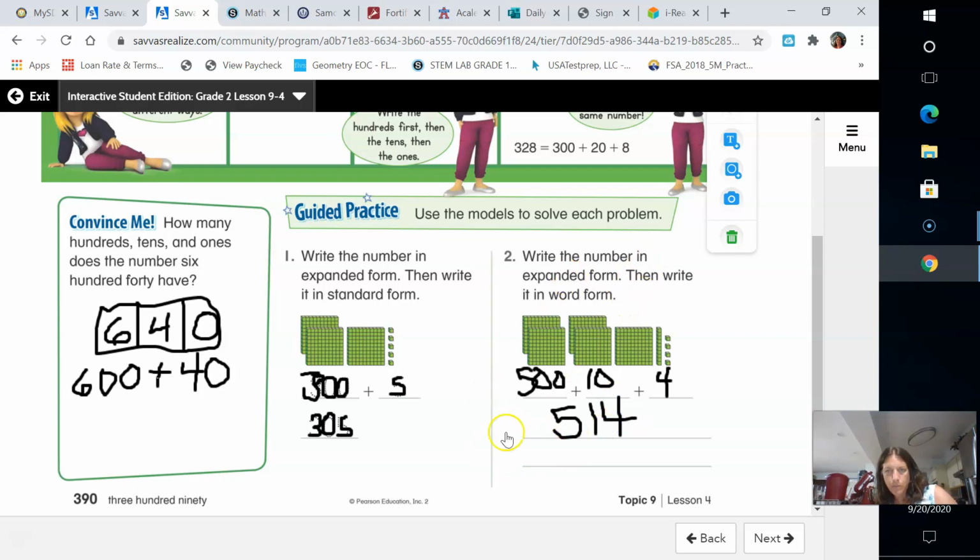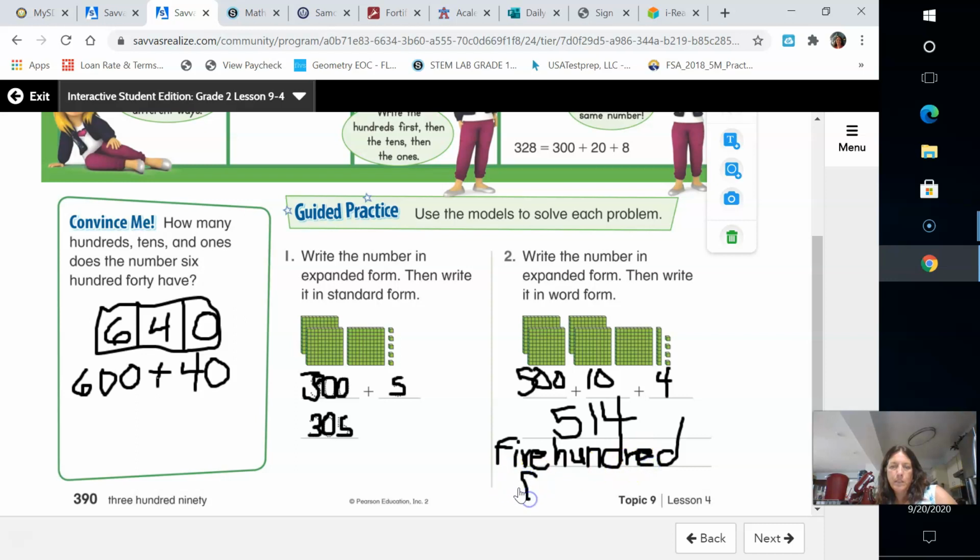Oh, I don't think we were supposed to do standard. We were just supposed to do expanded and word. So I'm going to start way over here this time. I was supposed to have 2 lines to write it on. I didn't read the directions. 500.